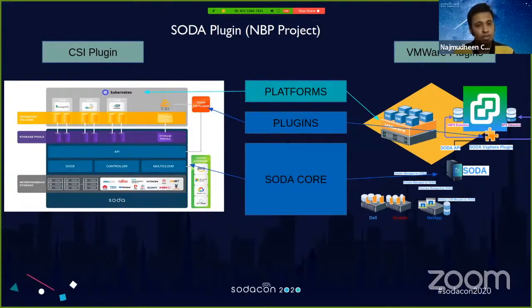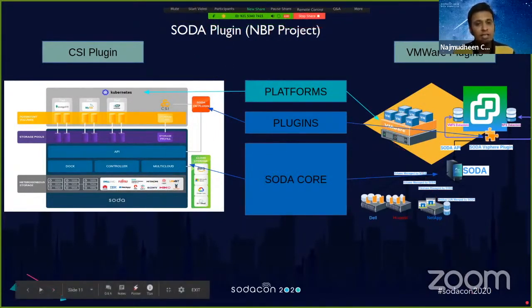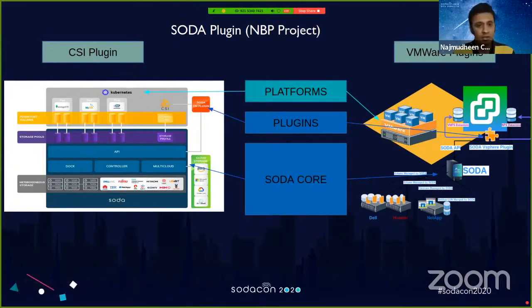First, I will talk about the CSI plugin. CSI stands for Container Storage Interface, and this is a standard for exposing block and file storage to containerized workloads, like Kubernetes, Mesos, and all. SODA provides a CSI plugin, which means SODA has an implementation compliant to the CSI standard.